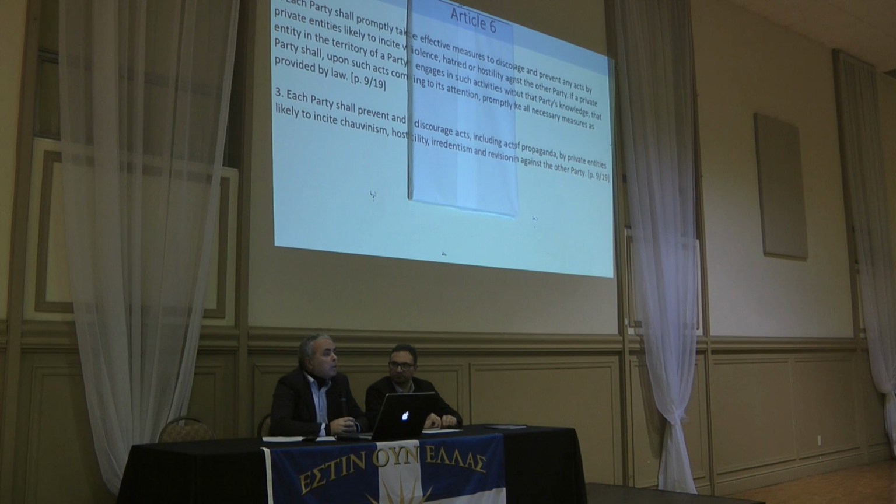This will be impossible after the ratification of the pre-agreement. So you can read it. They want to take effective measures against us, so we'll be able to do something like this in America, but not in Greece. So this lecture will be forbidden in Greece.